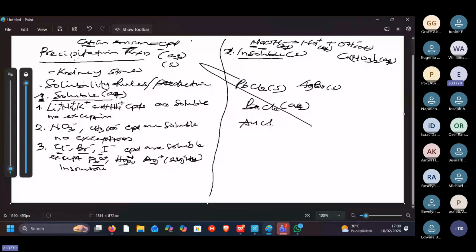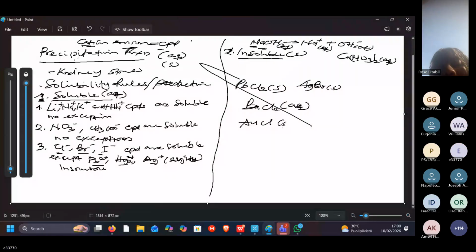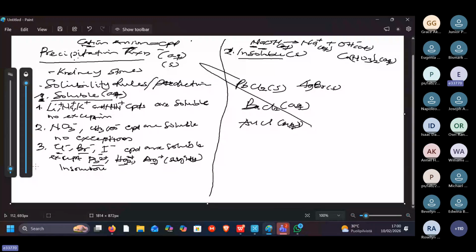Sir, what about barium sulfate? I've not mentioned sulfate, so why are you bringing sulfate? The gold plus any of those anions will form an aqueous solution.